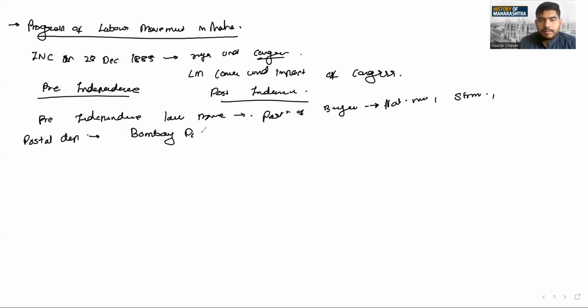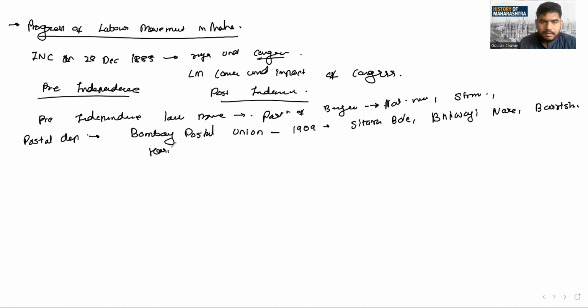They established the Bombay Postal Union in the year 1909 under a person called Sitaram Bole, who was assisted by his friends such as Bhivaji Nare and barrister Harish Chandra Talcherkar.